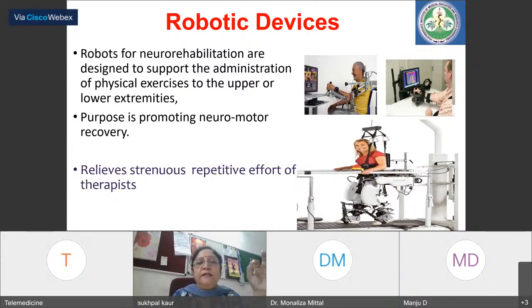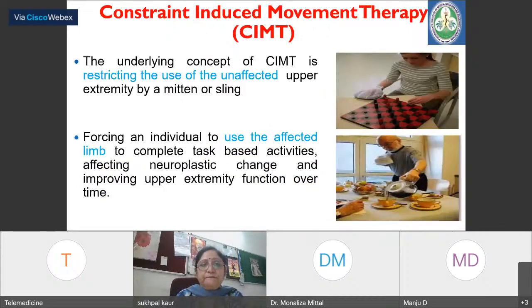Talking about the robotic devices, robots for neurorehabilitation are designed to support the administration of physical exercises to the upper or lower extremities. Herein, the purpose is to promote the neuromotor recovery at an early stage. It relieves strenuous repetitive efforts which are to be done by the therapist.